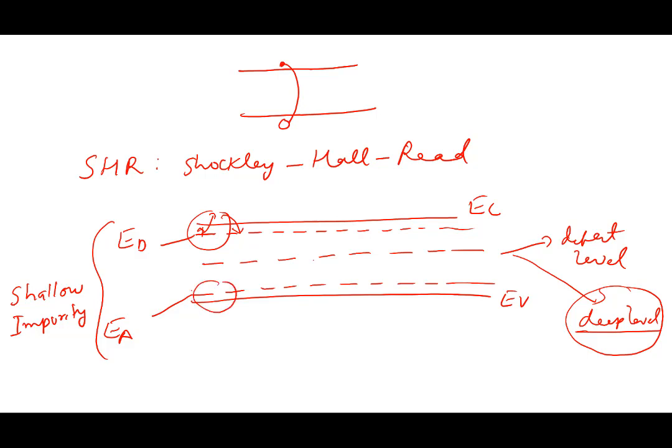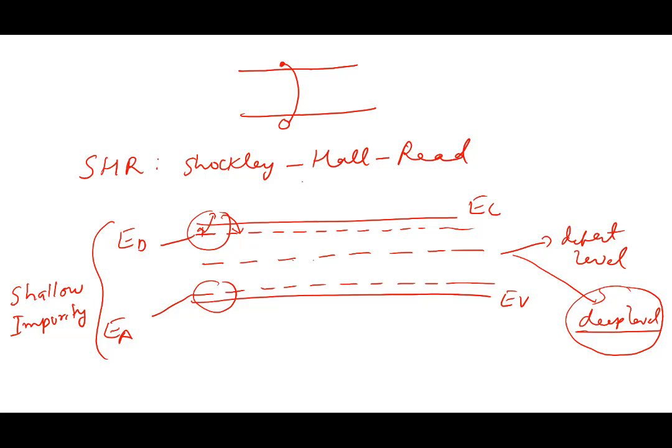But in recombination, you have to interact with both the conduction band and the valence band. You're trying to recombine the electrons and the holes. So you need a level which can interact equally well with both bands. Such a level would naturally be equally far from the conduction and valence bands. If it's very close to the conduction band, it would be primarily interacting with the electrons. If it's very close to the valence band, it will be primarily interacting with the holes.